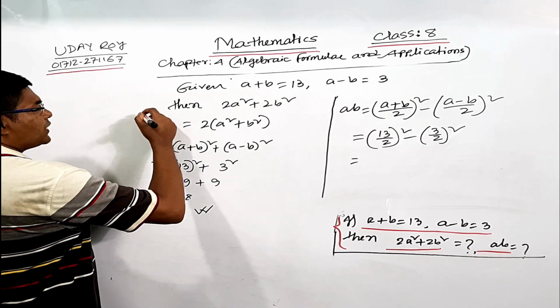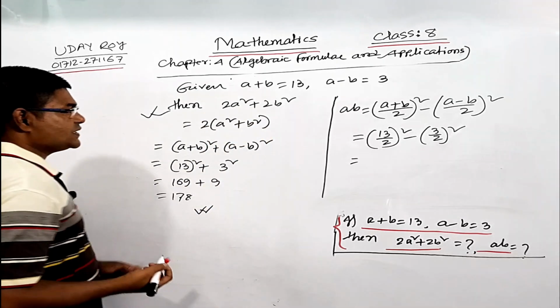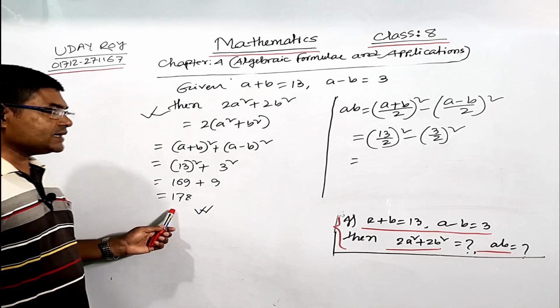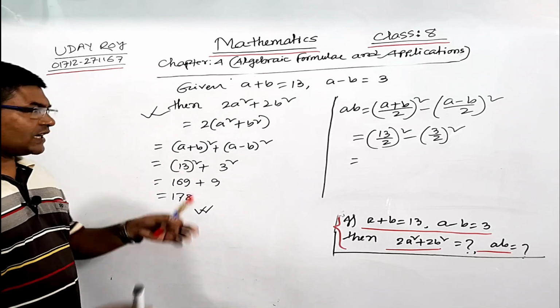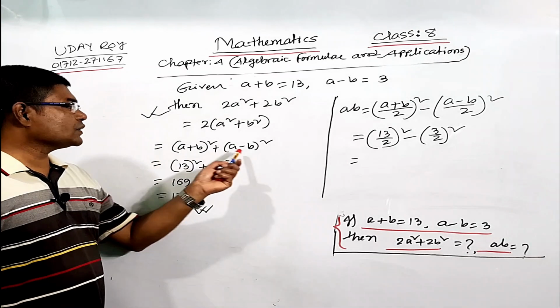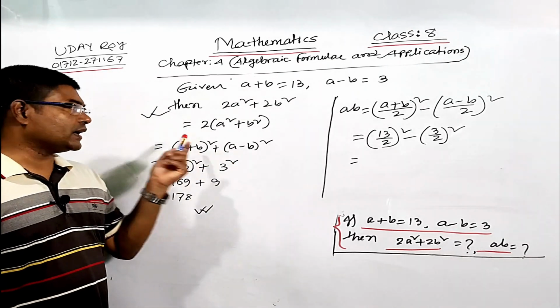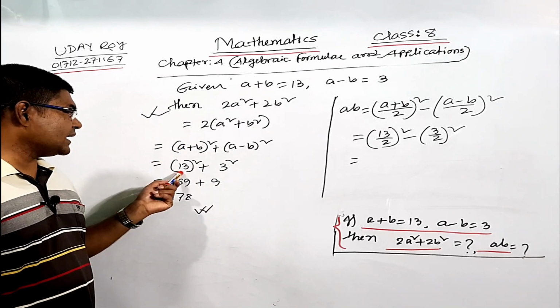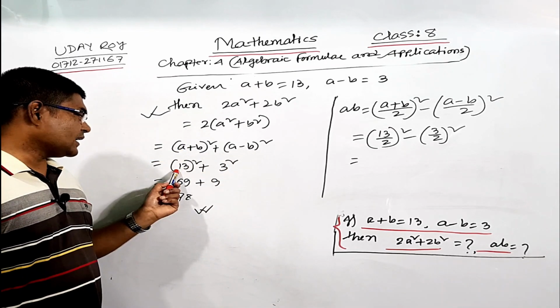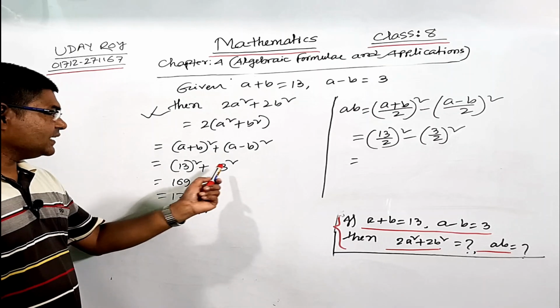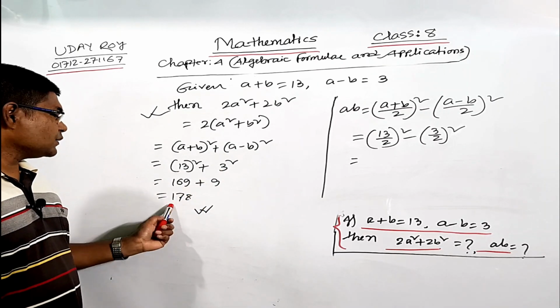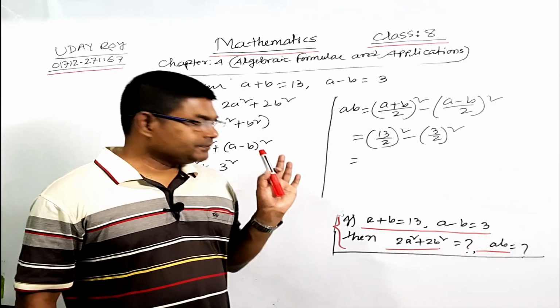So we have got 2 into (a square plus b square) equal to 178. The rule, that means the corollary, is (a plus b) whole square plus (a minus b) whole square. Values of a plus b equal 13, a minus b equal 3. 13 square equals 169, 3 square equals 9. Adding these, we have got 178.